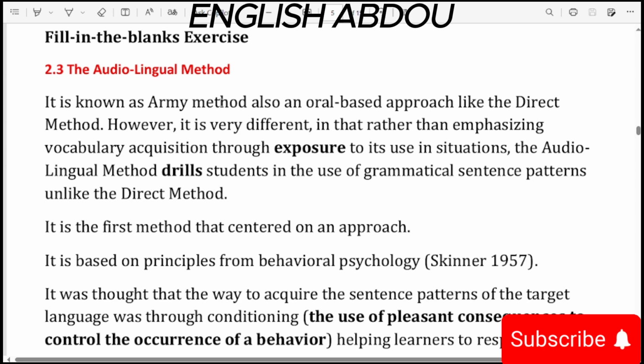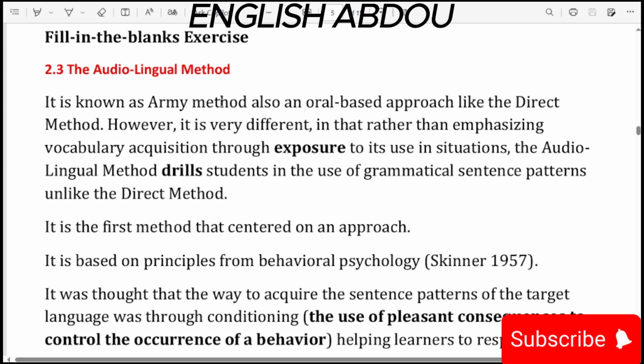The scientists and linguists started thinking about a method that could suit this need, and they started the audiolingual method. So they listen and repeat. The audiolingual comes from lingua and audio: listen and speak.